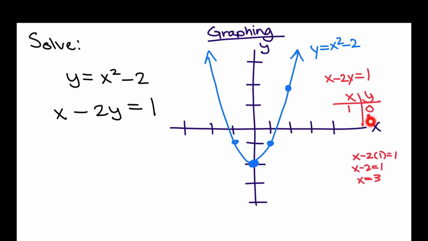And if I plug in 1 for y, I get x minus 2 equals 1, or x equals 3. So I know that this line goes through the point 1, 0, and then x is 3, y is 1. I can continue the pattern and draw that line.